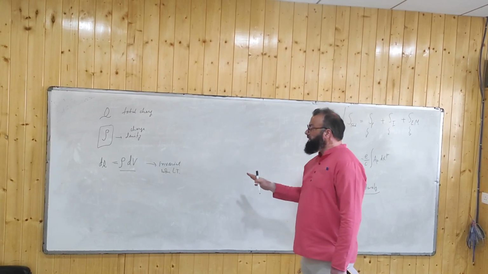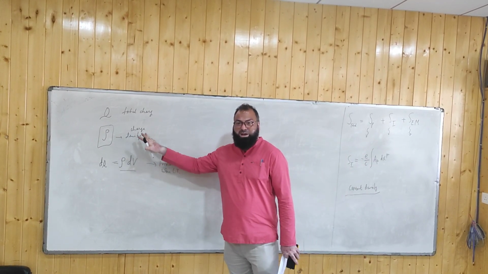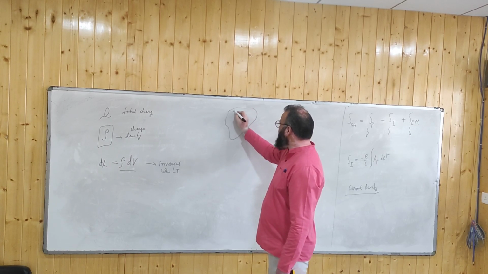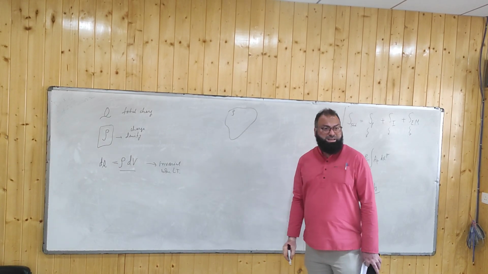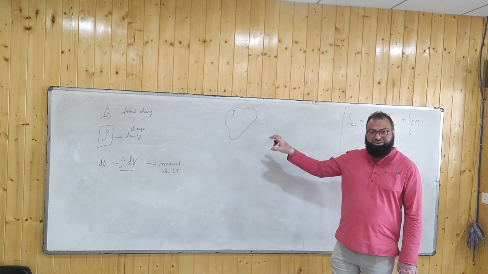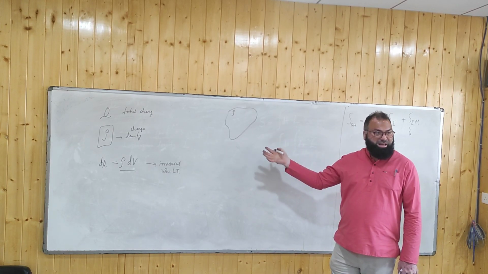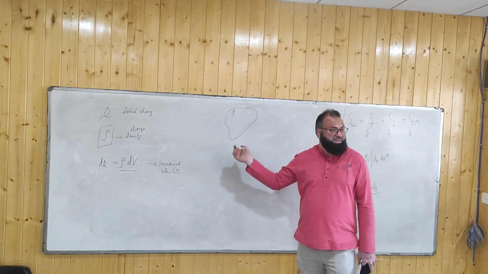Now, if you have a charge density rho somewhere, let's say some region defined by some charge density rho, you can approximate the charge within the volume as point charges. So you can have a large number of point charges at certain points.